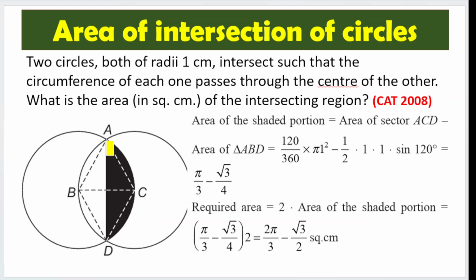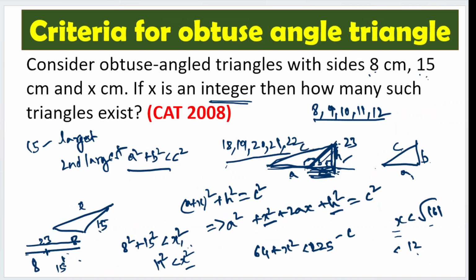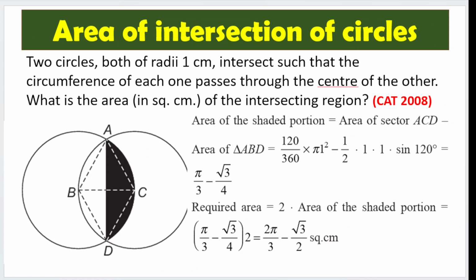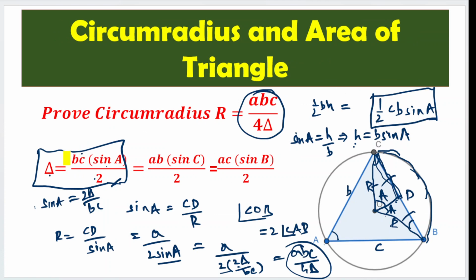Now, what is the area of this triangle? Earlier we discussed that the area of a triangle is half AB sin C, or half BC sin A, or half AC sin B. Basically, take two sides and the included angle: half into the product of the two sides into the sine of the included angle.